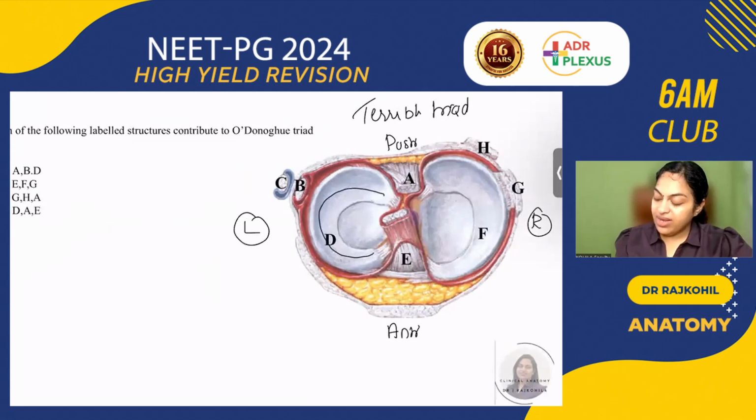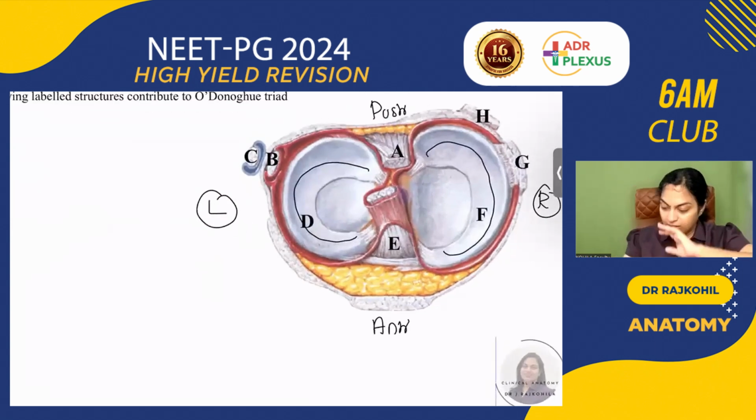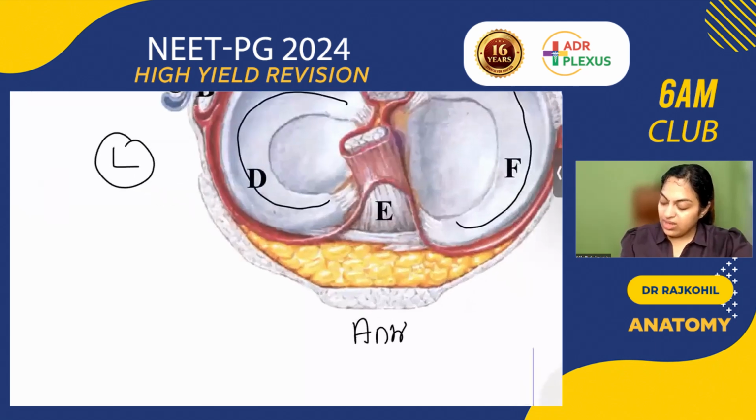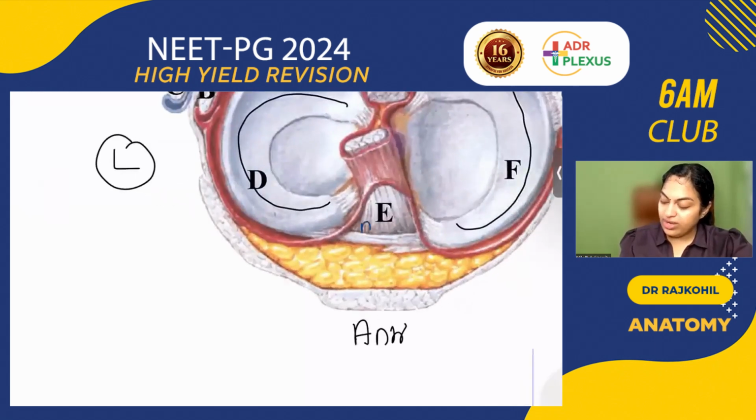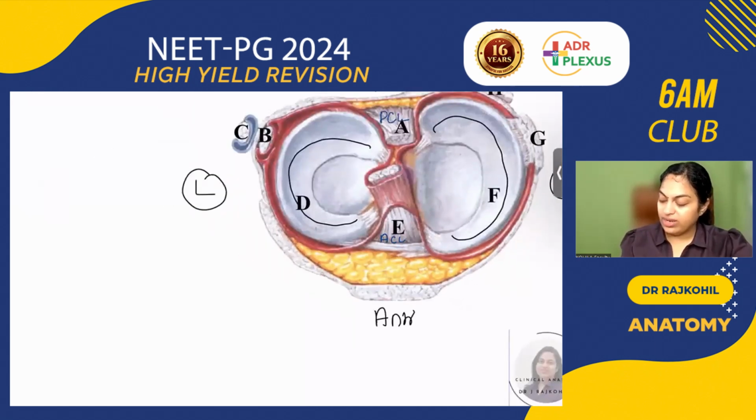The medial meniscus is long and more oval. So you have identified. Now the other structures. Okay, I'll use the blue ink. This is the anterior cruciate ligament, the posterior cruciate ligament, right? As I told you, this is the medial meniscus. This is the lateral meniscus.